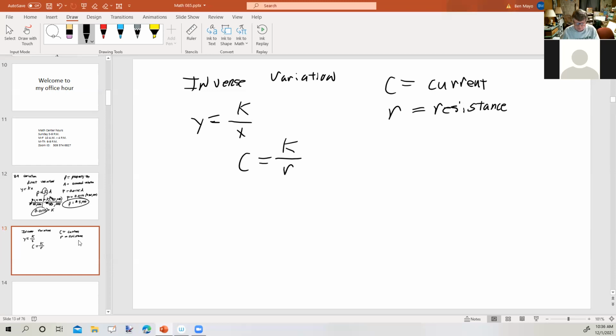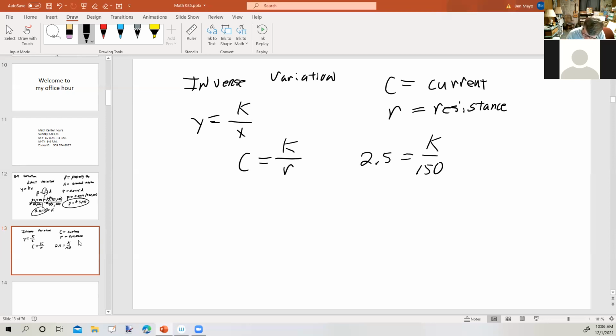So C equals K over R. If a certain circuit has a current of 2.5 amps, when the resistance is 150 ohms, so we've got that. Find the current in the circuit when the resistance is doubled.